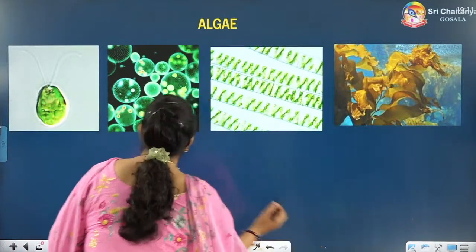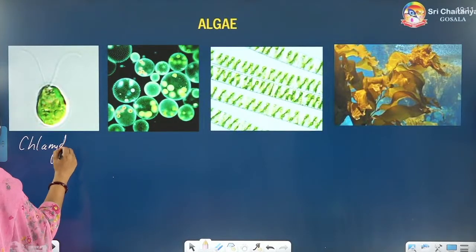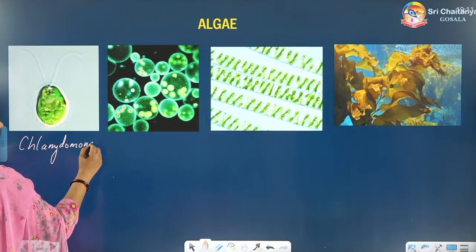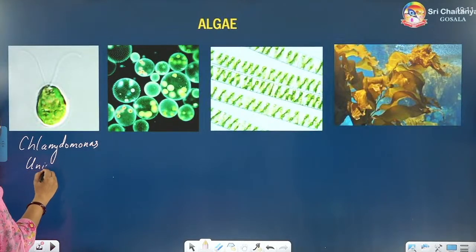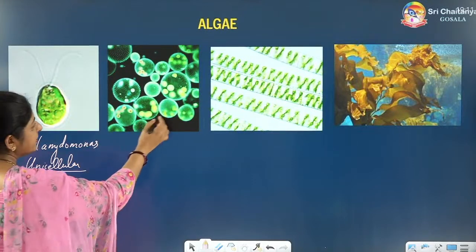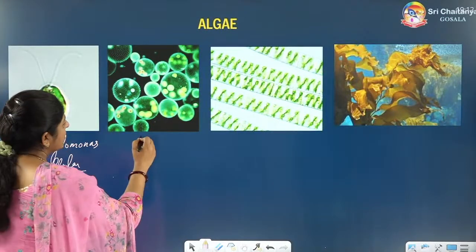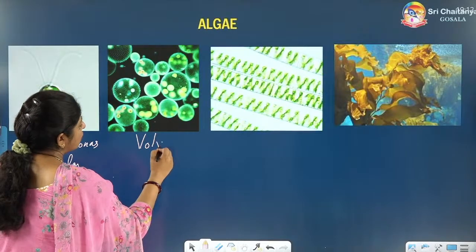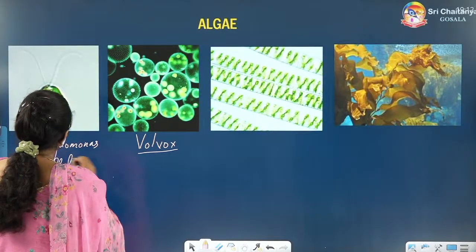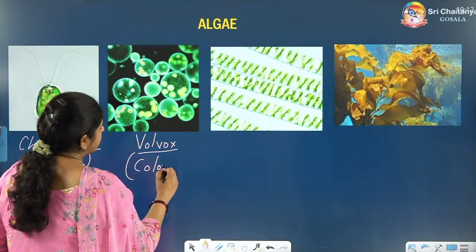This is Chlamydomonas, and this will be unicellular, fine. This will be a colonial form. In one, many members are there. What is the example over there? Volvox, right? This is which type of form? Colonial form.